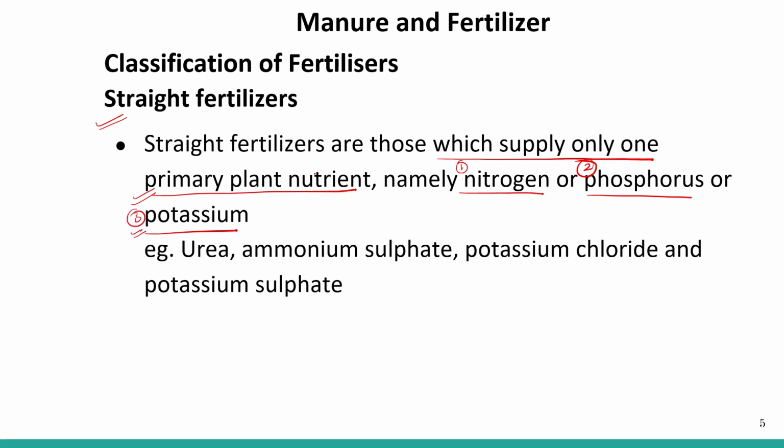So this is the straight fertilizer. Examples are urea, ammonium sulfate, potassium chloride and potassium sulfate. You must remember these names, that is important. So the straight fertilizers are those which supply only one primary plant nutrient.